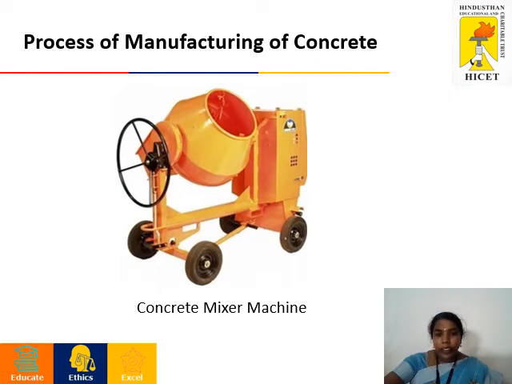The figure shows concrete mixer machines, which look like a revolving drum. All the materials, including water, are collected in the revolving drum, and the drum is rotated for a certain period, and the resulting mix is taken out of the drum. The resulting mix is known as a homogeneous mix.